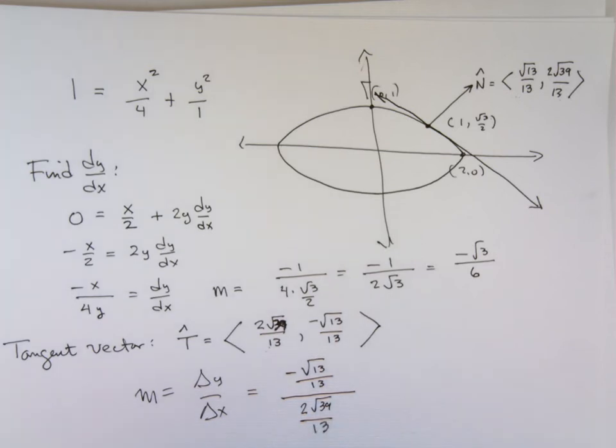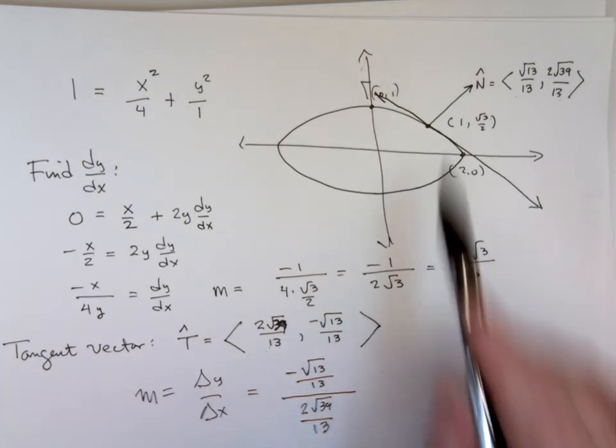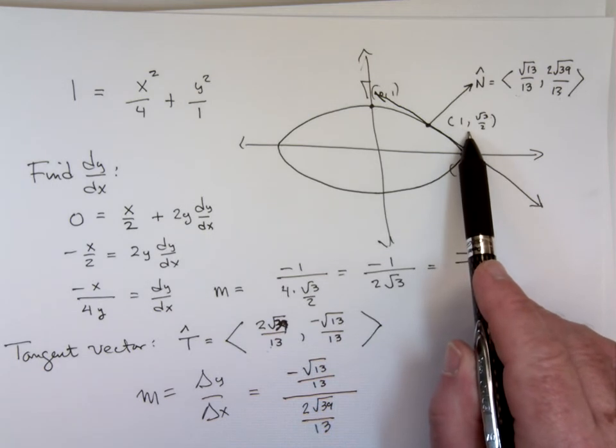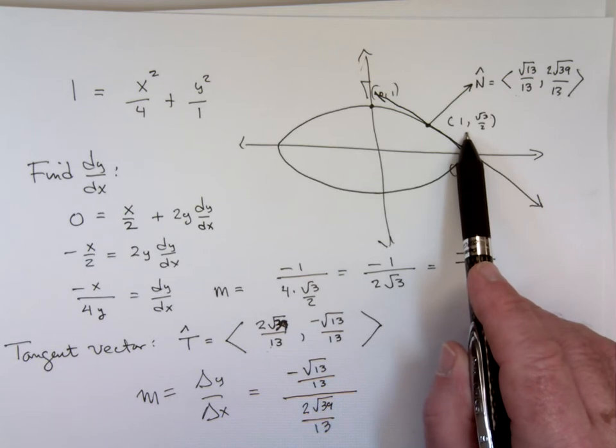Would those be minus your original point, 1 and square root of 3 over 2? Do you have to do your change in y over change in x, so that your negative square root of 13 minus 3 is subtracted from that point?